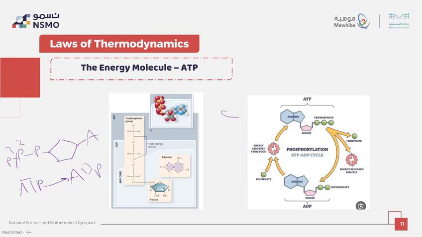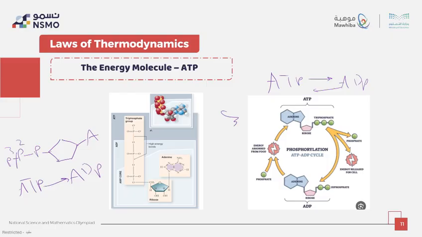Look to this picture here, guys, on the right side. We call this picture the cycle of ATP, because the ATP would give us the ADP and the ADP would give us the ATP. So it's like a cycle, because the cell recharges ADP back into ATP through phosphorylation using energy from food.